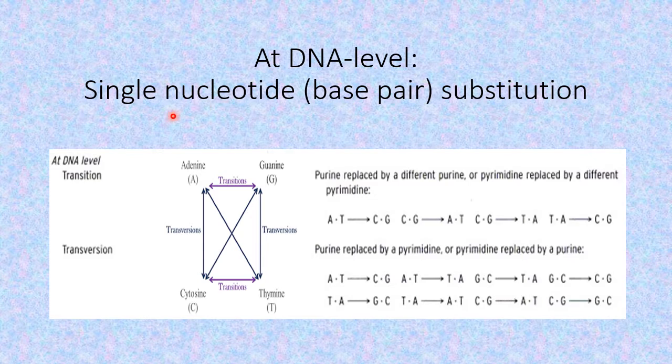So, at DNA level, the mutation can be of two categories, as we have already seen in the video on the types of mutation.